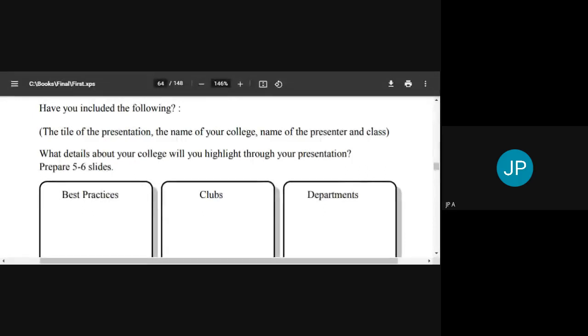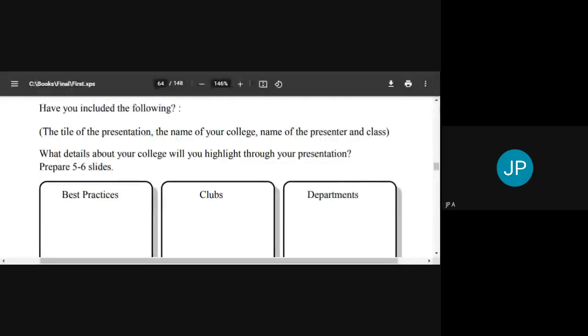All these things can be included under the clubs. So what are the differences that we have and what are their activities? If you have many clubs, you can use two slides or three slides to describe the different clubs that we may have in the college.